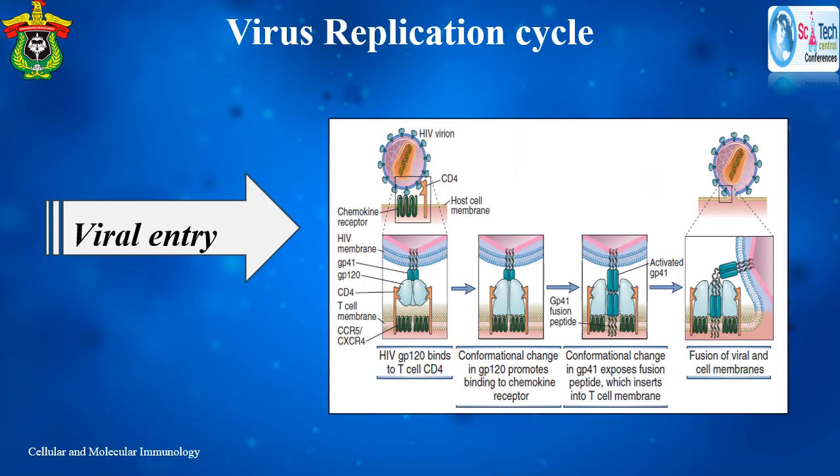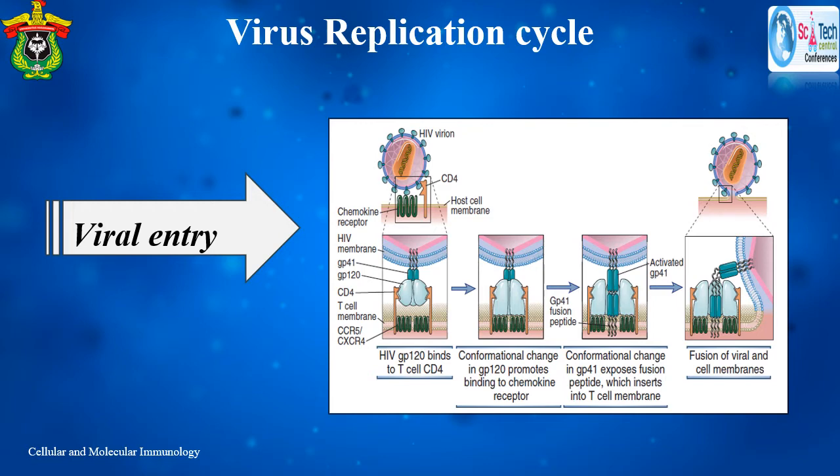I will explain the viral entry and virus replication cycle of HIV. The main targets of HIV are T lymphocytes and macrophages, which have the CD4 surface antigen. The HIV virus attaches to CD4 via the GP120 antigen. In addition to the CD4 antigen, it uses a core receptor that is specific to HIV.